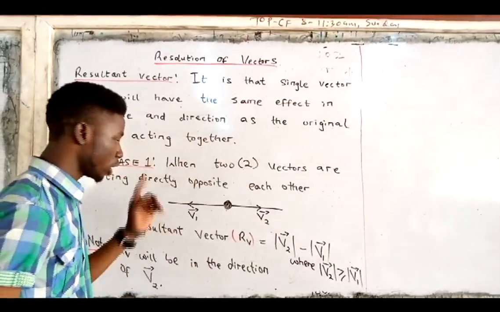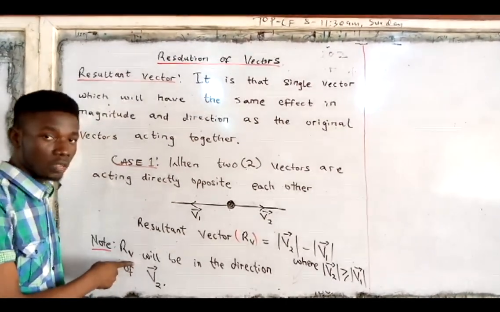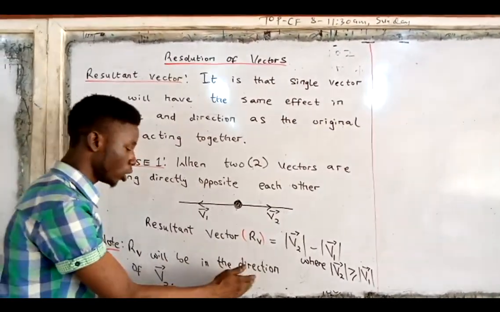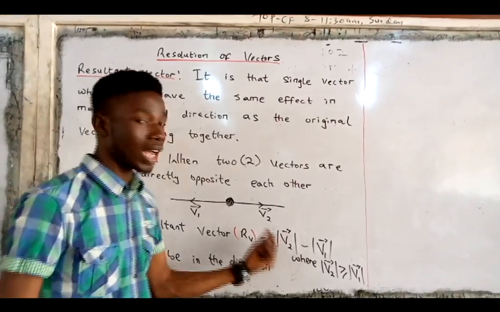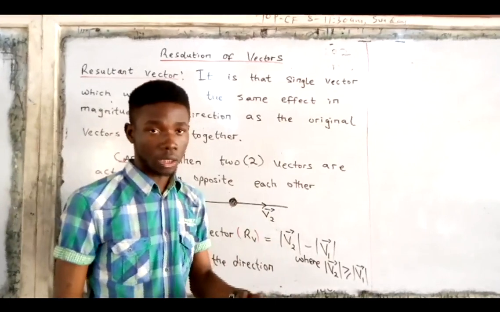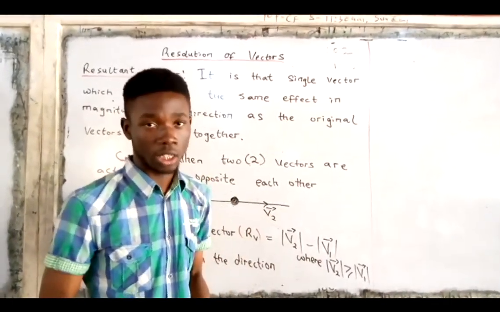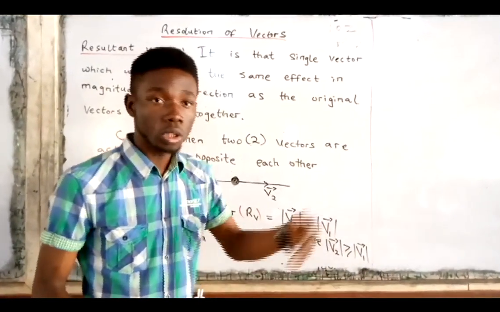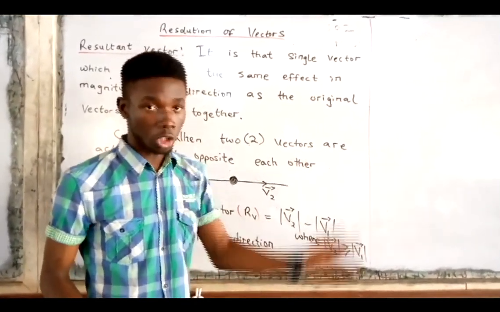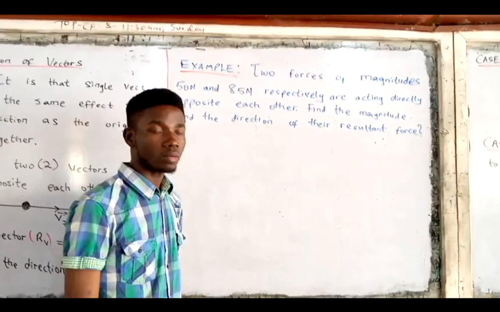Also note, for case 1, the resultant vector RV will be in the direction of v2. Why? Because v2 has greater magnitude than v1. For example, like in the case of the tug of war that I described, the people that apply the greater force will be the ones to pull the other set of people because they apply a greater force than the other set of people.